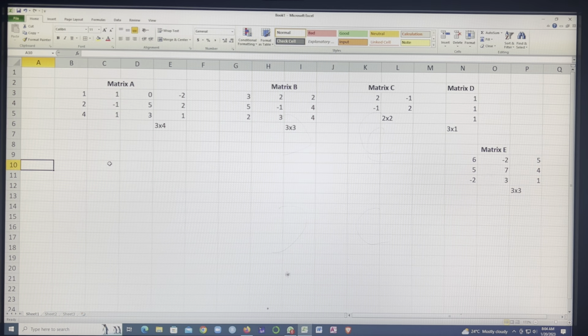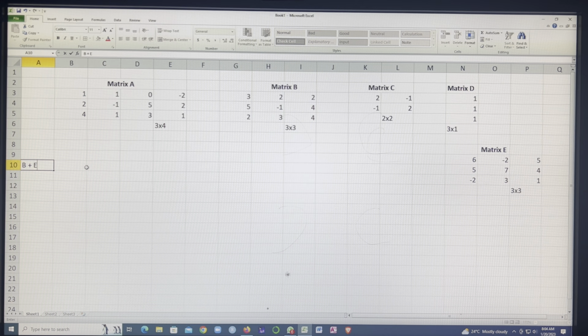Assume I want to find matrix A plus matrix B. Now we cannot add matrix A and matrix B because the dimensions are not the same. So let's say we have matrix B plus matrix E. I selected matrix B and matrix E because they have the same dimensions.